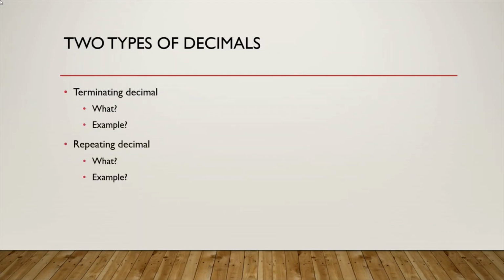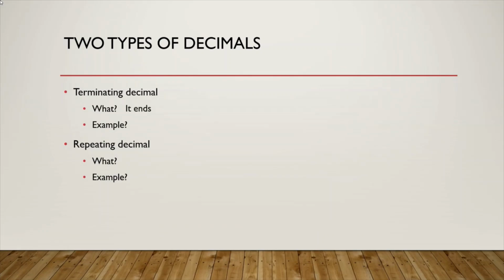All right, so there are different types of decimals. You can have a terminating decimal and a repeating decimal. There's also non-repeating and non-terminating, but we're not going to go over those. Might see those in the future, but we'll see. So terminating decimal just means it ends.